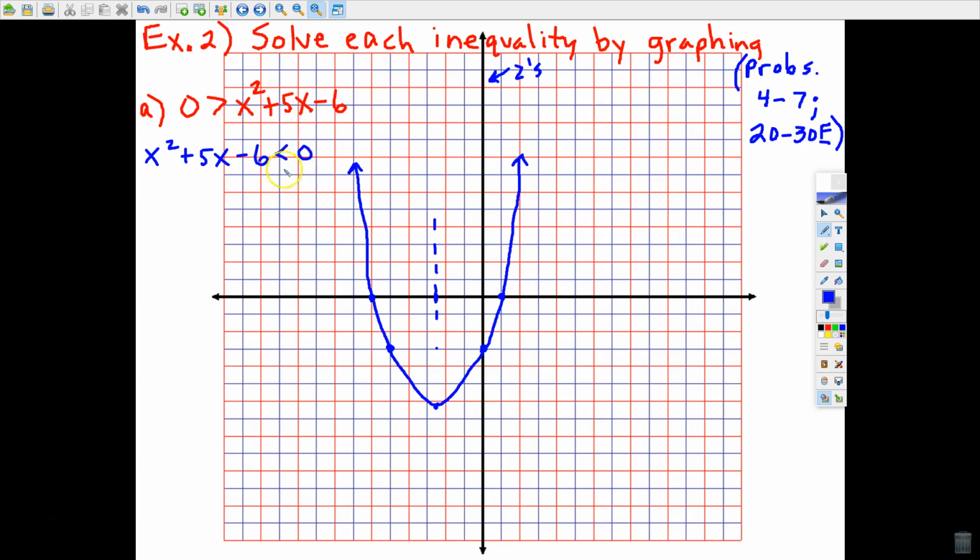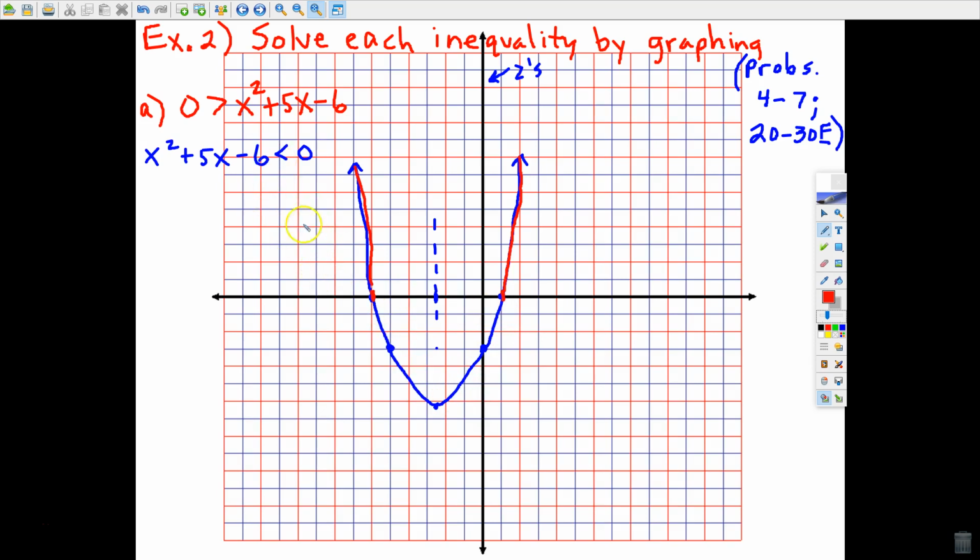What are the x-coordinates on this particular parabola that fall below the x-axis? Well, you can probably tell that the parabola falls below the x-axis in between these two x-intercepts. Everywhere else, the parabola is above the x-axis. It's only between these two x-intercepts that the parabola falls below.